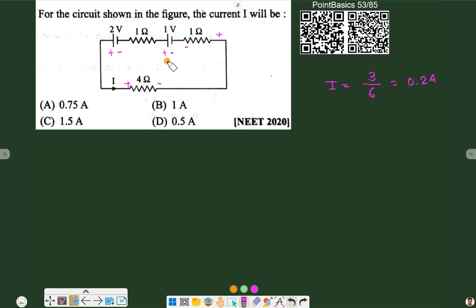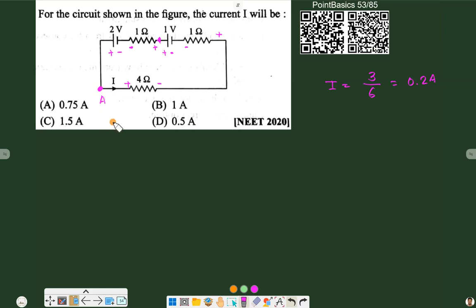For the battery, we take their actual signs. So for this battery, this is negative, this is positive. For this 1 ohm, current will be flowing something like this, so this will be positive, this will be negative, and again for this battery, we will use its actual positive and negative signs.